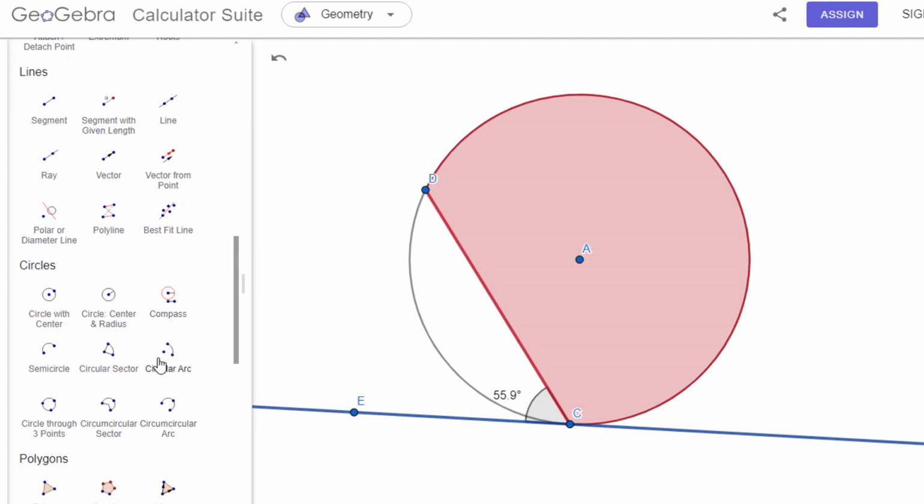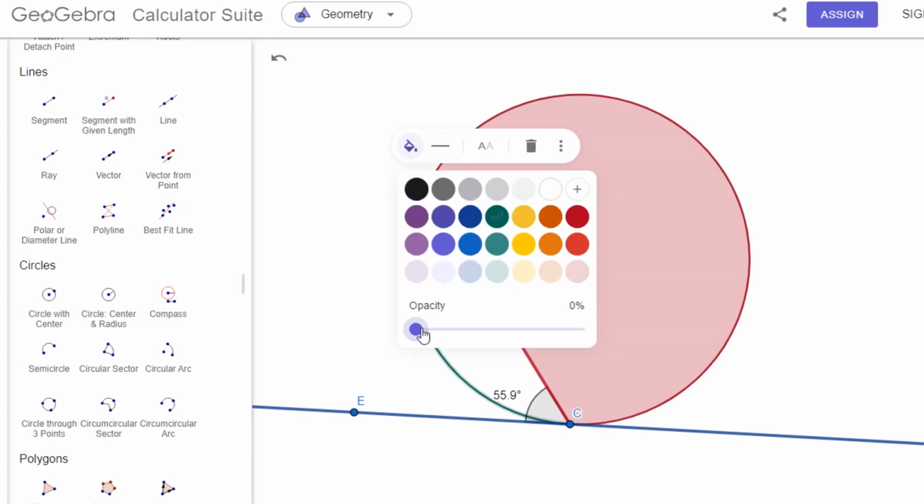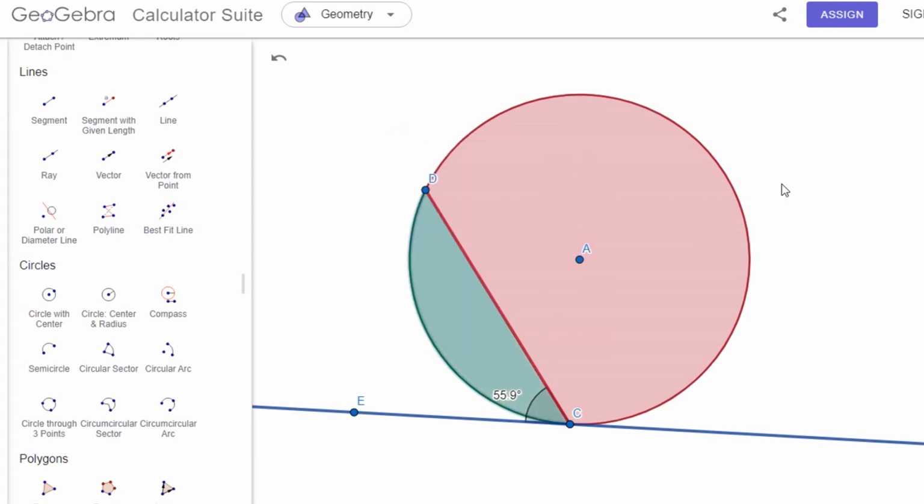Let me create another segment so that you can see what I'm talking about. As you can see, we have two segments. The one that is in this sort of red color, and the one that is in a green color.